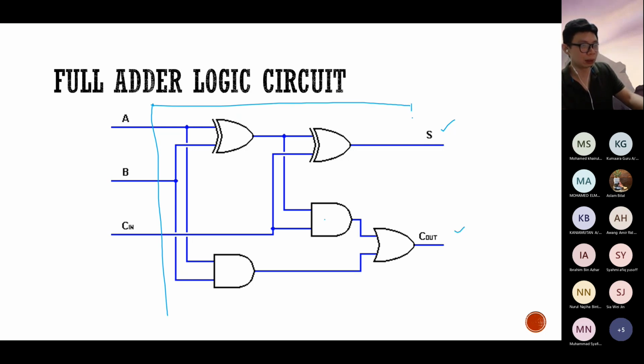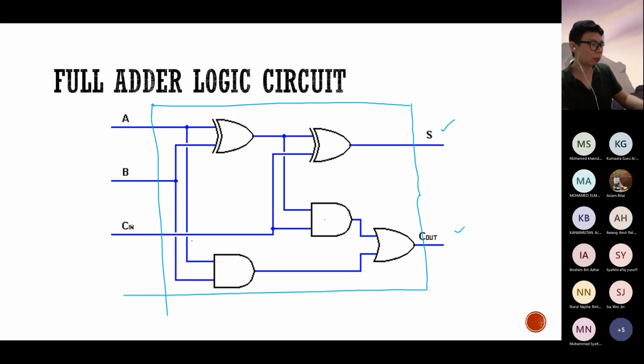If you imagine this is a full adder block diagram, inside it are these logic gates. So it's got 3 inputs and it gives you 2 outputs. All right, so that is how you derive the full adder.